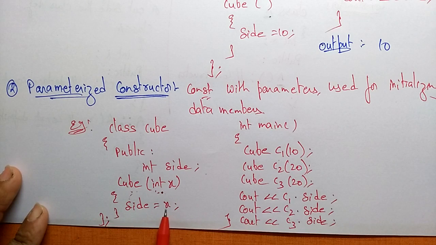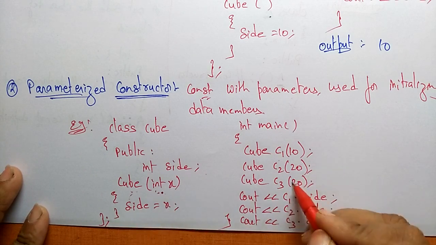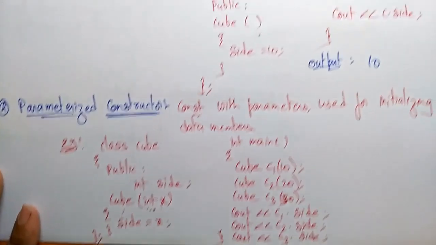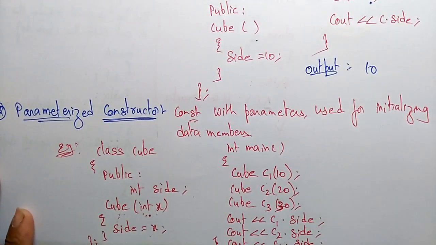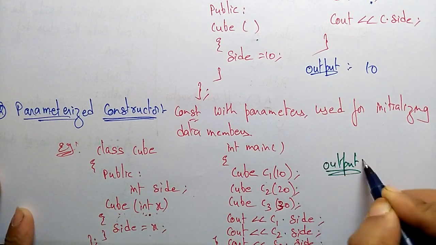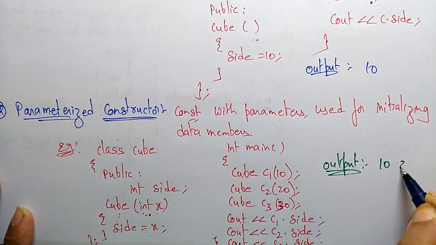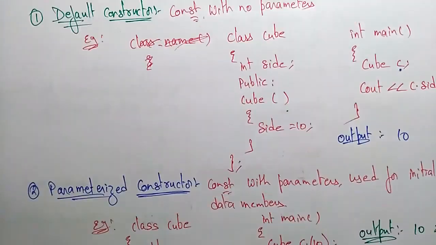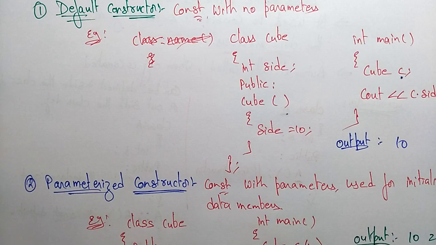Here the x value is 10. If it is C2 with 20, x is 20, side is 20. If x is 30, side is 30. So what will be the output for this? The output is 10, 20, 30. Okay, so this is the second type of constructor, the parameterized constructor.